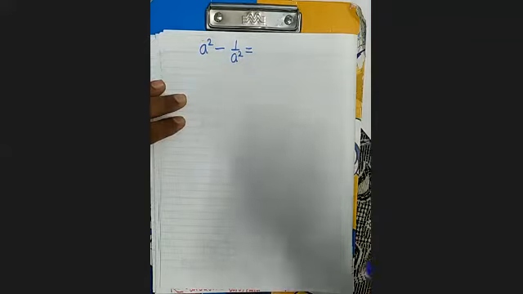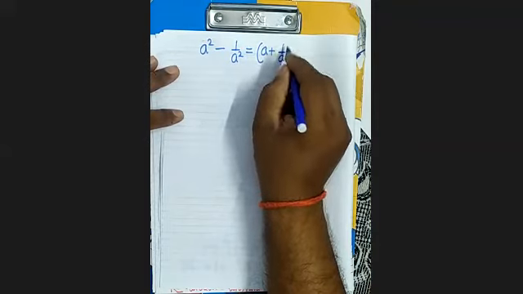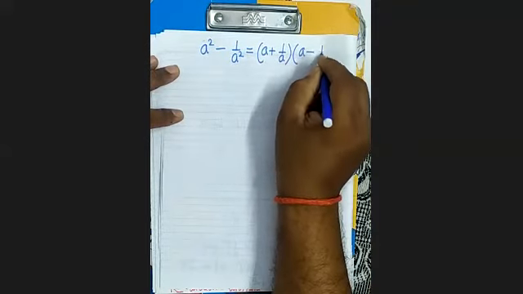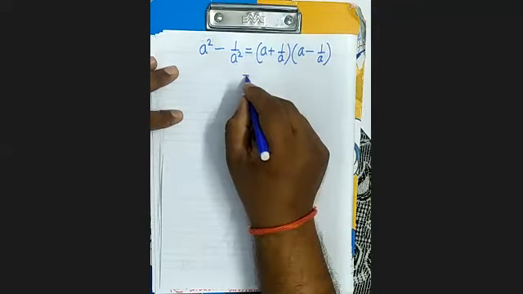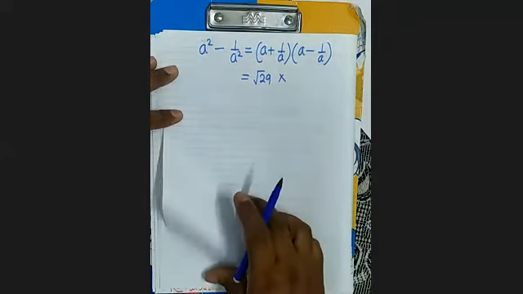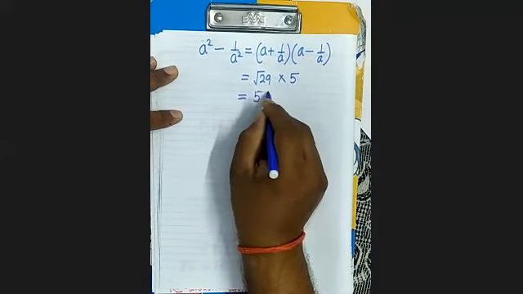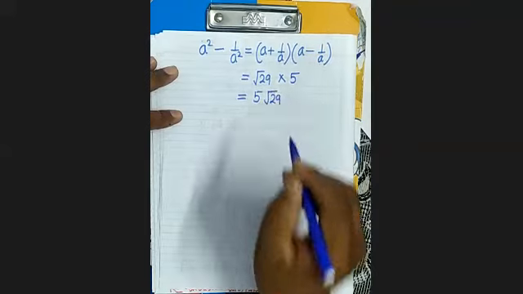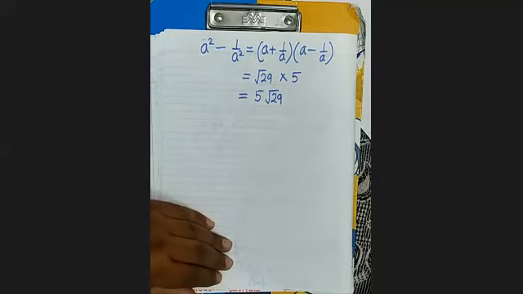A minus 1 upon A into A plus 1 upon A, one bracket A plus 1 upon A, the other bracket A minus 1 upon A. Now A plus 1 upon A, just now you found root 29, and A minus 1 upon A is equal to 5. So it will be 5 square root 29. No need to put a plus minus sign. Is it clear? Yes, sir.